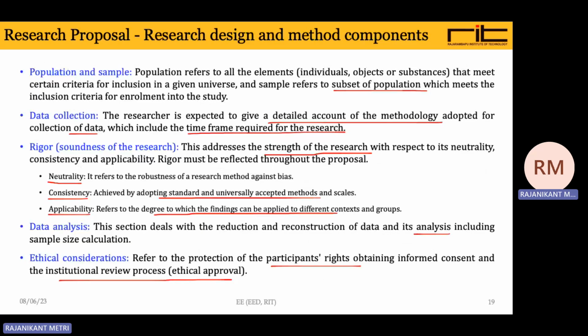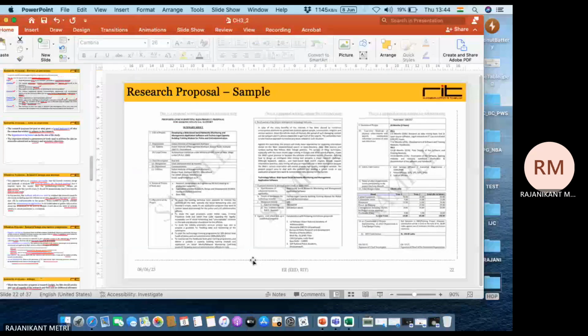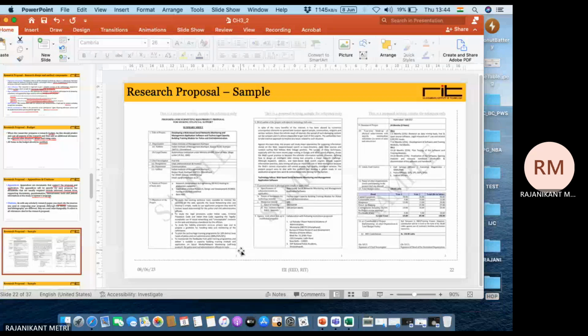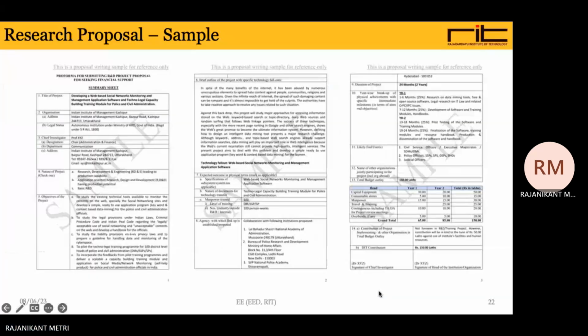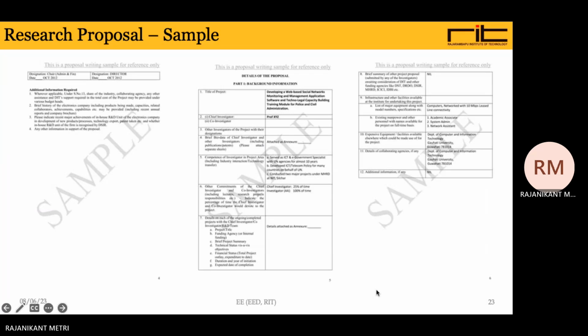If you come to the next pages of the proposal, additional information related to you is required. Then the main part comes here, the details of the proposal. Part 1, background information.